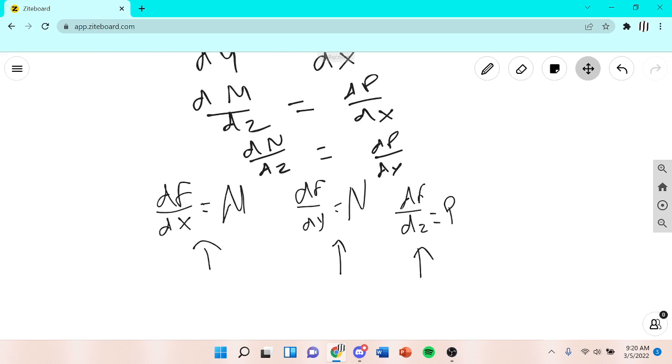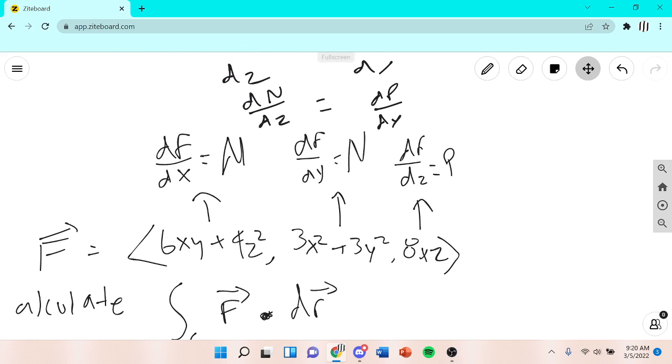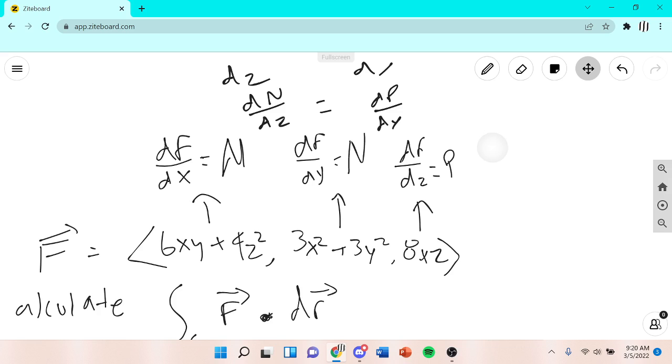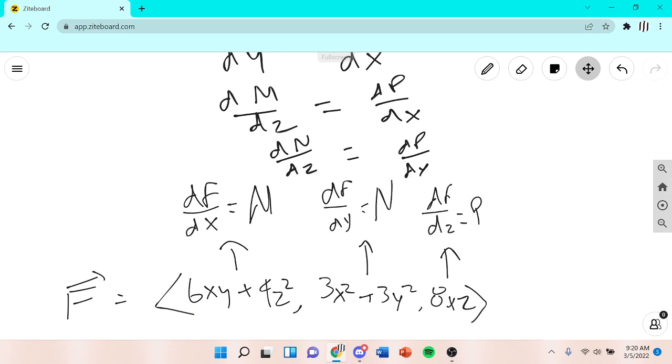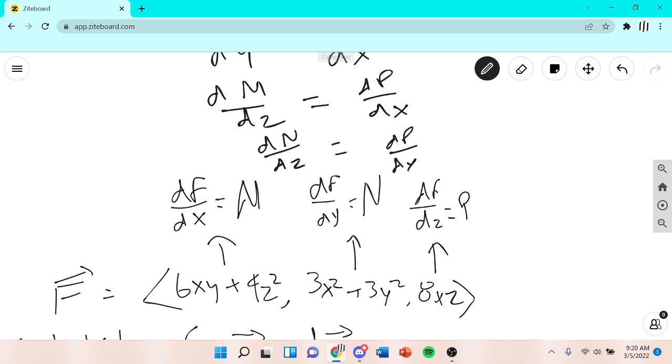First, our m here, the partial derivative of this in terms of y. This one won't really matter because there's no y term in it, so that just becomes 0 when you take the partial derivative.